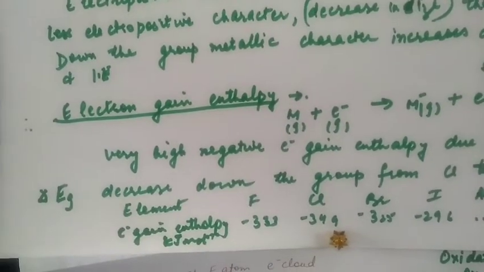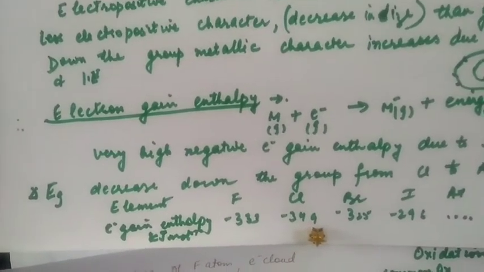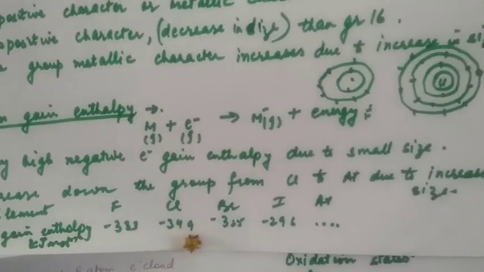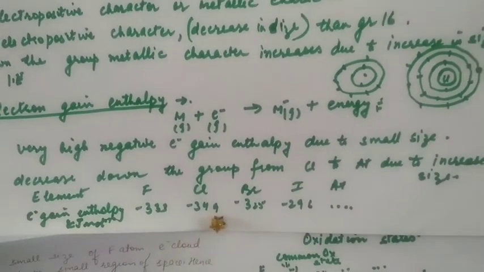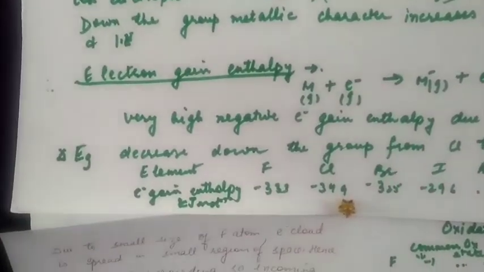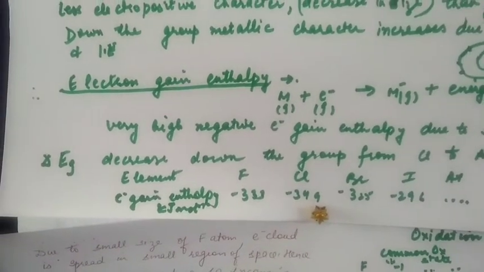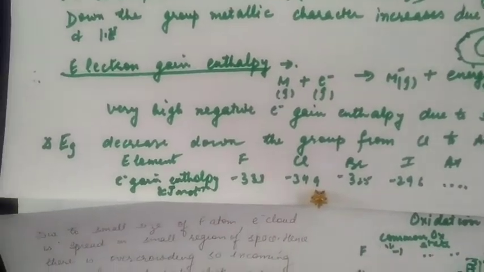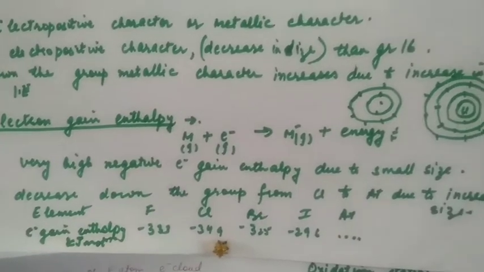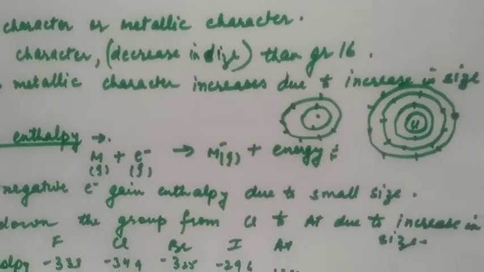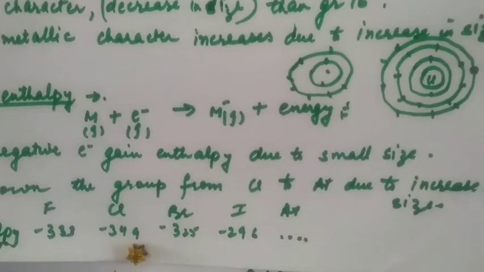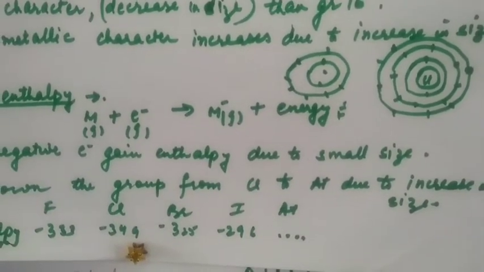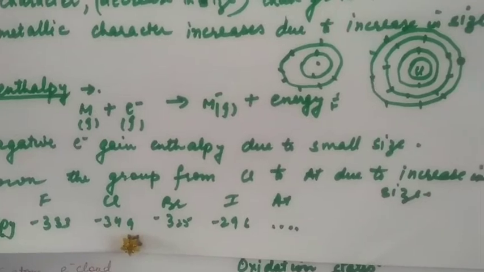Though they are halogen group elements, they have high electron gain enthalpy because of small size, and they need only one electron to complete their octet, yet the electron gain enthalpy for fluorine is less than that of chlorine. This is because the fluorine atom is small in size, and when the electron enters the outermost shell, it faces inter-electronic repulsion.